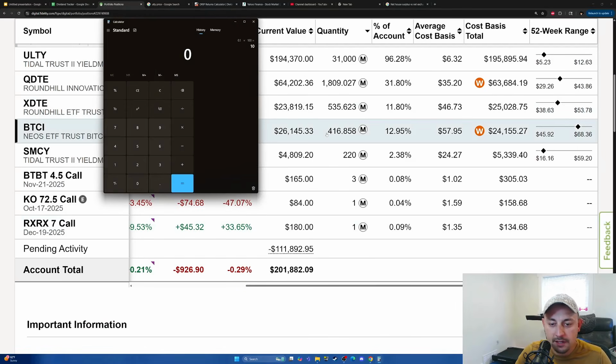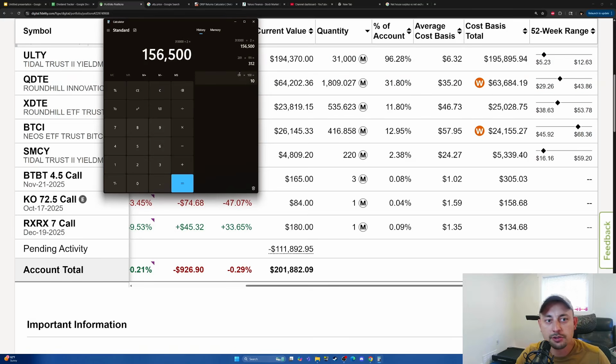Okay, so if you say right now, what do we say? 201 plus 111, right? So right now we're roughly around 300. What is $313,000, right? So if the market crashes 50% on Monday, that means the value of this portfolio is now going to be $156,000.